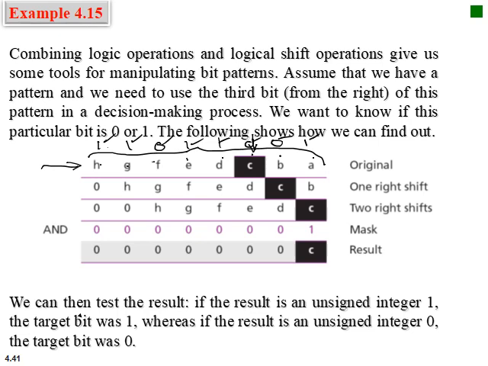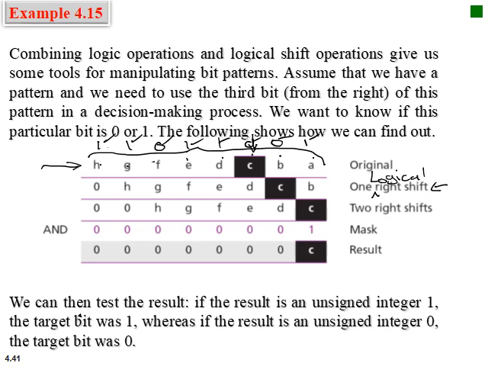Now we want to know, is light C, the third light, switched on or off? So what we do is some logic right shifts. This is a one logical right shift that we see over here.